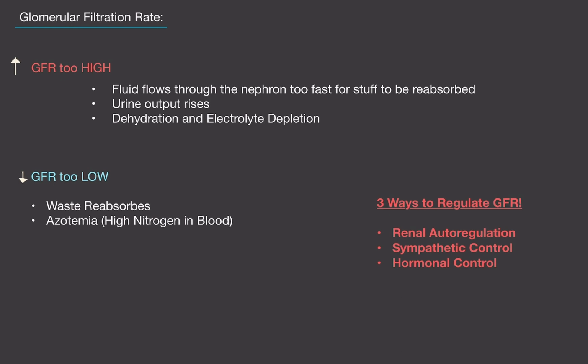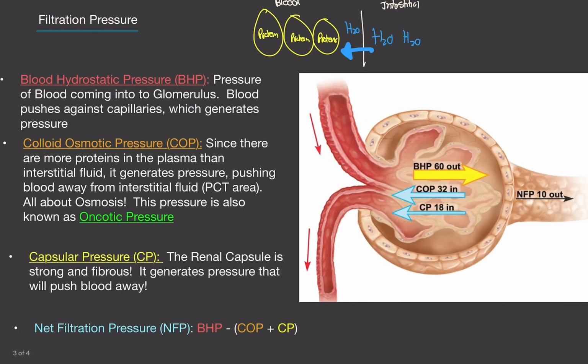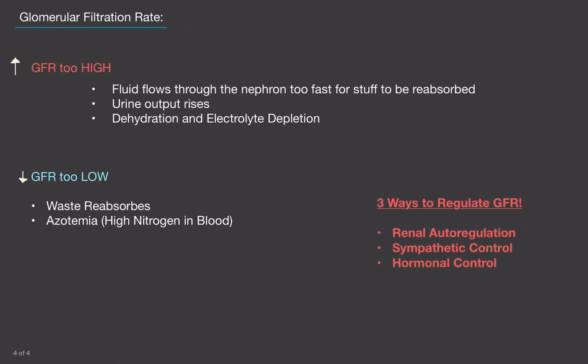So if this pressure, NFP, is too high, we have a high GFR, or glomerular filtration rate. This can cause problems with reabsorption later in the pathway, and urine output is going to rise because we're not reabsorbing anything. This can lead to dehydration or electrolyte depletion.